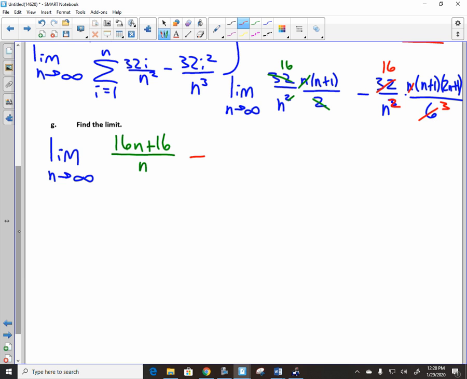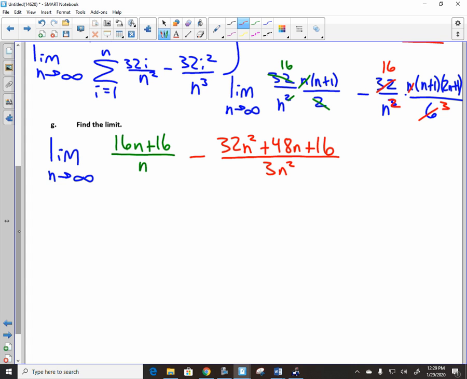Okay, let's multiply this top. 2n times n, so I got 32n squared. And then what's going to be in the middle? 3n, and 3 times 16 is 48n. So I got plus 48n, and then a plus 16, all over 3n squared, good.